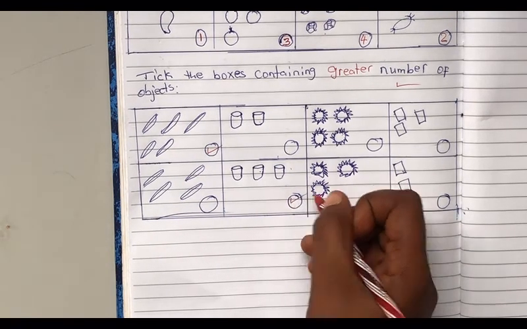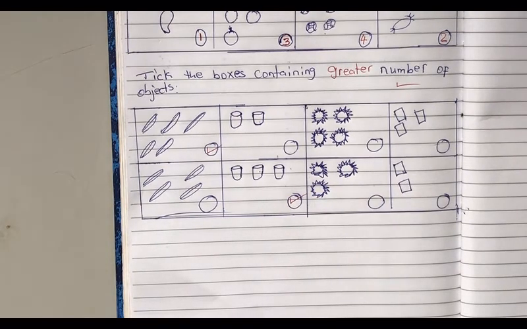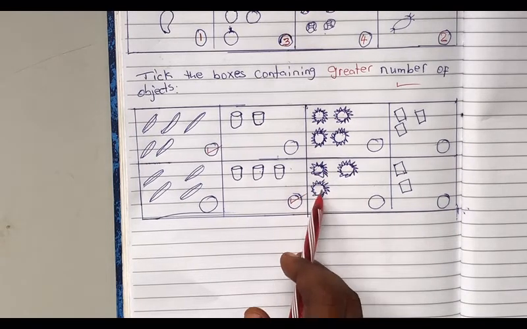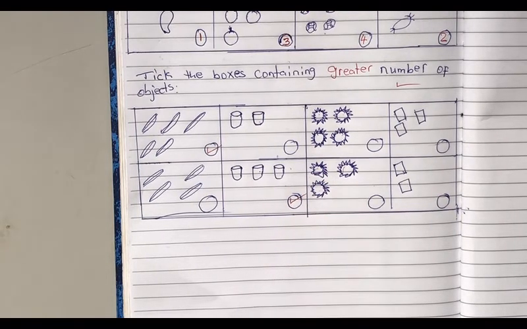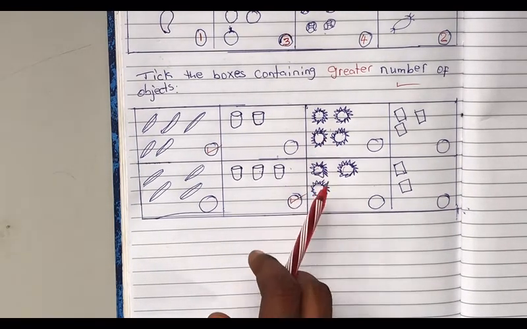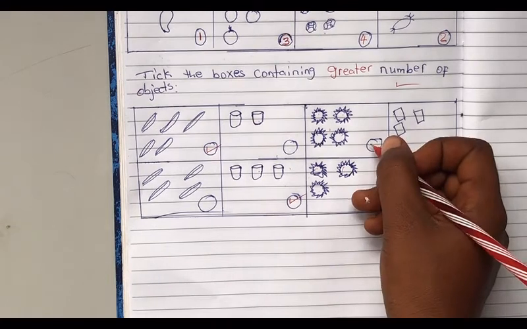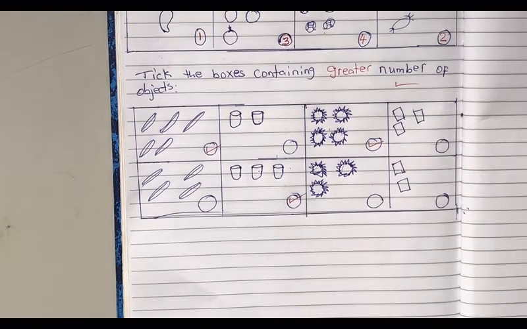So we are going to tick this one. And here we have 1, 2, 3, 4 and 1, 2, 3. Now 4 and 3, which one is higher? Which one is greater and which one is bigger? Of course, it's 4. 4 is higher than 3.